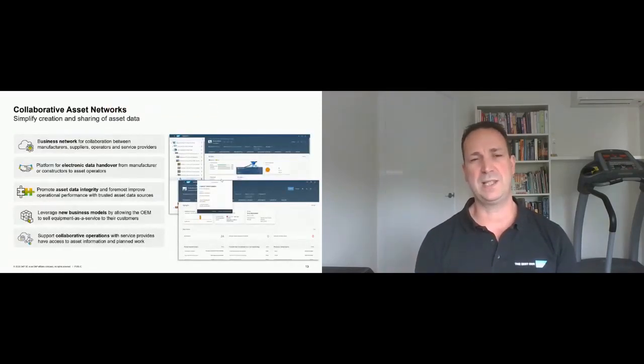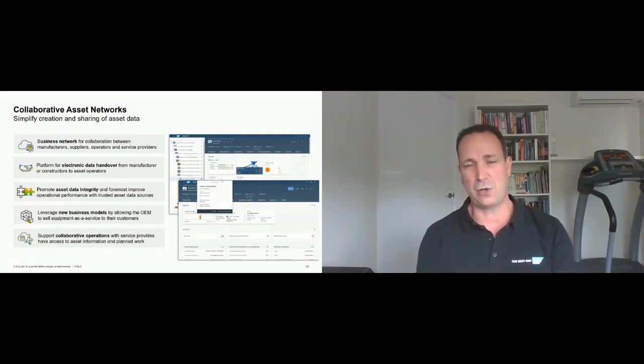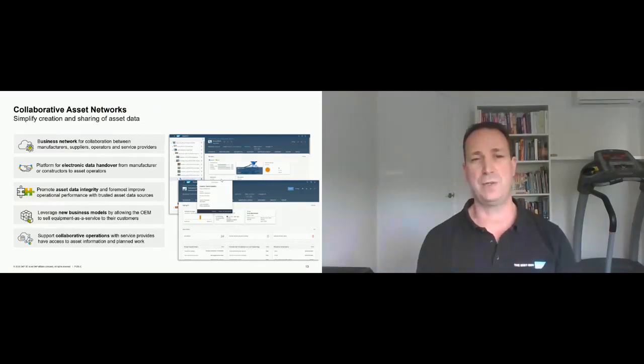And so we see here, similar to the idea of a collaborative project network, the role of a collaborative asset network. And really this is a business network to support that concept of a central asset between a manufacturer or constructor, a supplier, the operator, service provider, and the other parties that are involved in that process.